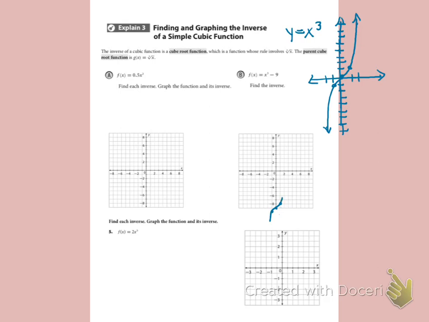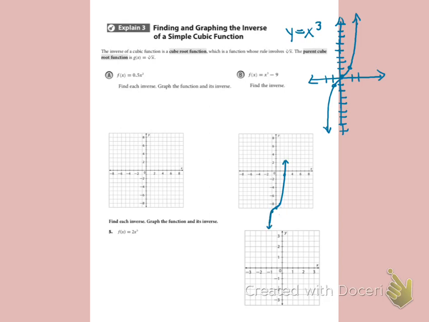Then we'd go to the right 2 and up 8, so that would put us right here at negative 1. So the graph would look like this. Oh, that was terrible, sorry. And it'll just continue up and down along that trend. Down here it's going to curve down and go down forever.